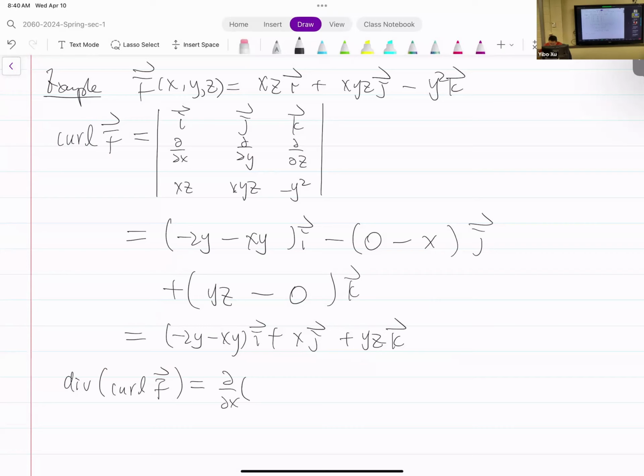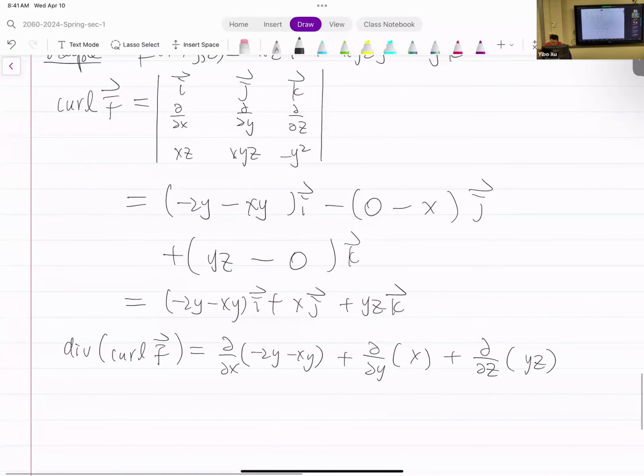So partial x of the first component of the vector field, negative 2y minus xy. So just put them down. Plus partial y of the second component, which is x, plus the partial derivative with respect to z of the last component of the vector field.